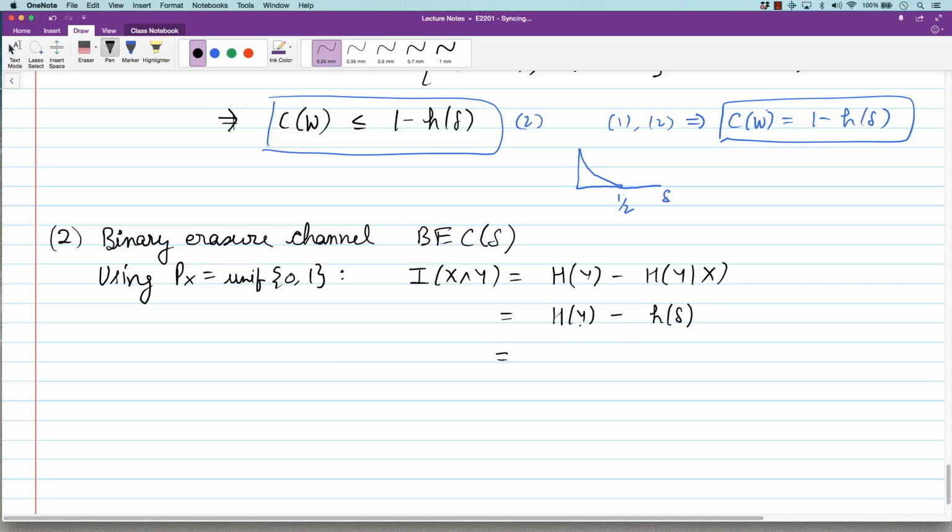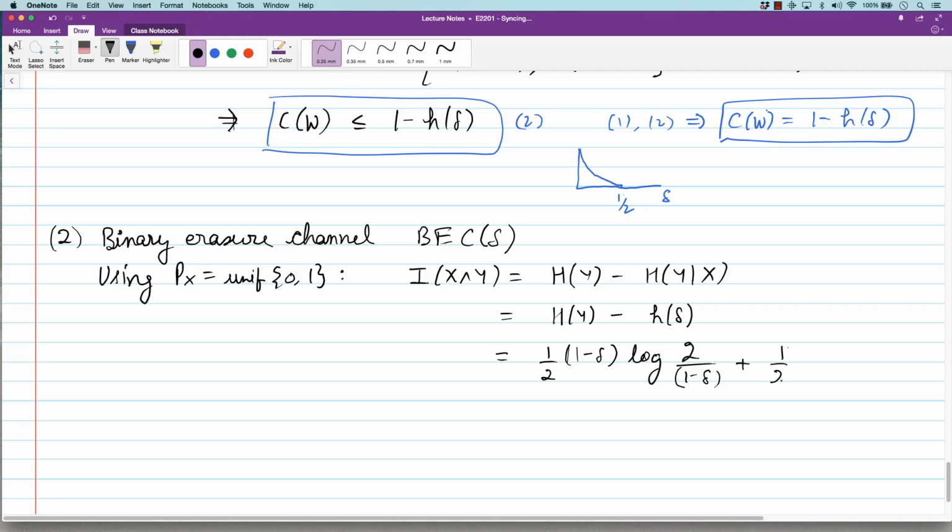How about h of y? Now y can take three values. What is the probability that y takes the value 0? That probability is half into 1 minus delta, log of 2 by 1 minus delta. What's the probability that y will take the value 1?